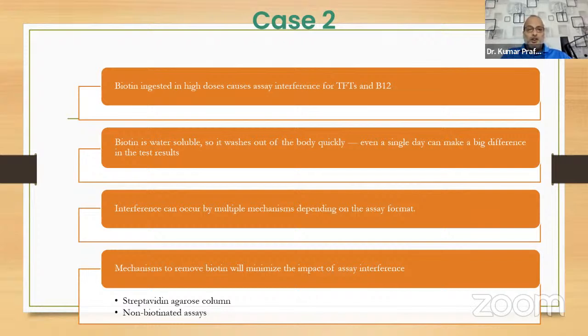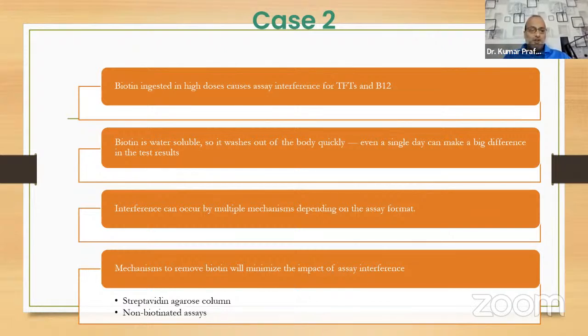Biotin is water soluble, so it washes out of the body quickly, and even a single day can make a big difference in the test. Biotin causes interference by multiple mechanisms depending upon the assay format. So it is always advised that we should remove biotin to minimize the impact of assay interference.